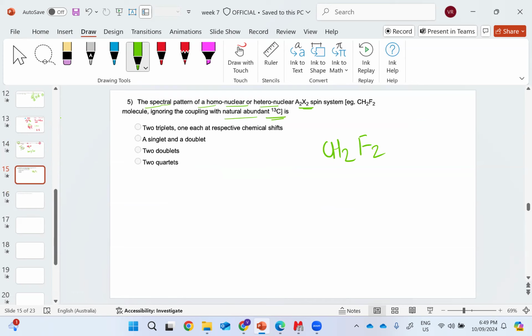In this case, what will be observed? We observe two triplets, one at each respective chemical shift value, because we have the CH2 group as well as the CF2 here. So I think this is good enough for today.